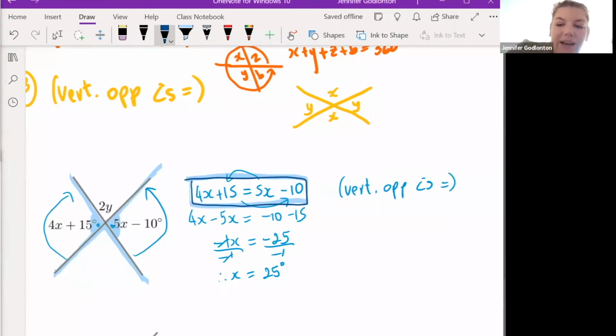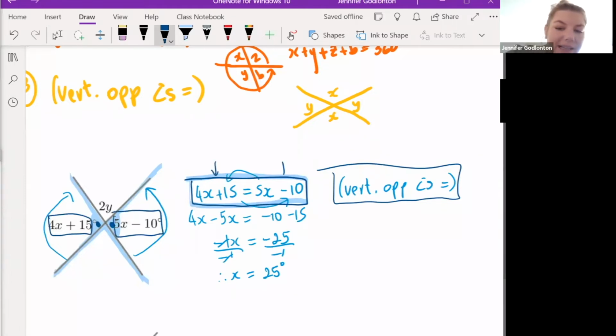So this reason over here is telling us why those are equal. So when we have two straight lines, then the angles that are opposite each other would be equal to each other. This is the one angle, so that's that guy, and this is the other angle, that's that guy. And this is us just saying that they are equal to each other. No, there isn't horizontally opposite angles, so don't panic.